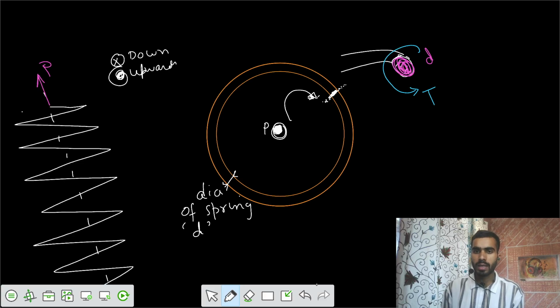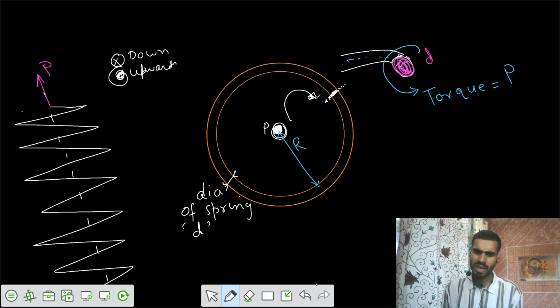There might be some long axis of the spring, so the rotation is about that long axis. So the moment developed here equals torque. Torque equals P load times some radius r.